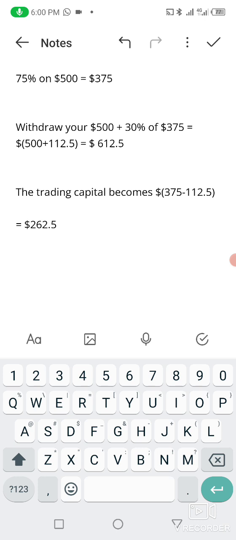When you grow it to a certain amount that is more than your deposited capital, what you do is you withdraw 50% of the overall equity, and then you accelerate and capitalize on steady growth. Instead of withdrawing, you reinvest your profit.